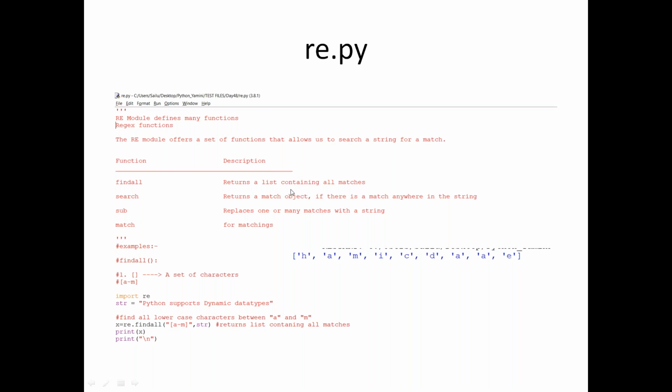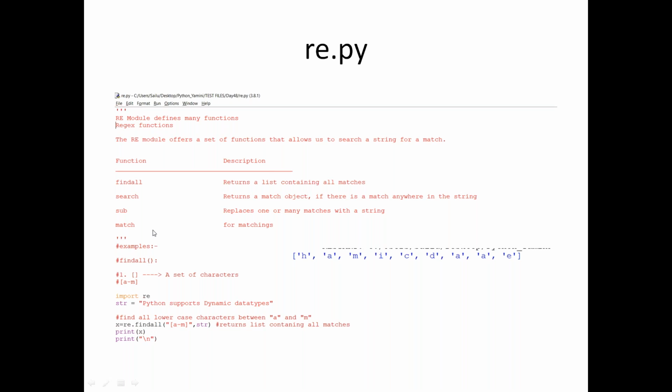Findall returns a list containing all matches. Search returns a match object if there is a match anywhere in the string. Sub is nothing but substitute: replace one or many matches with a string. Match is for matching.